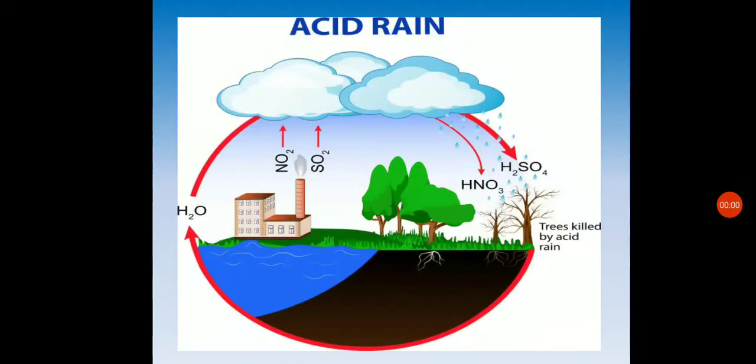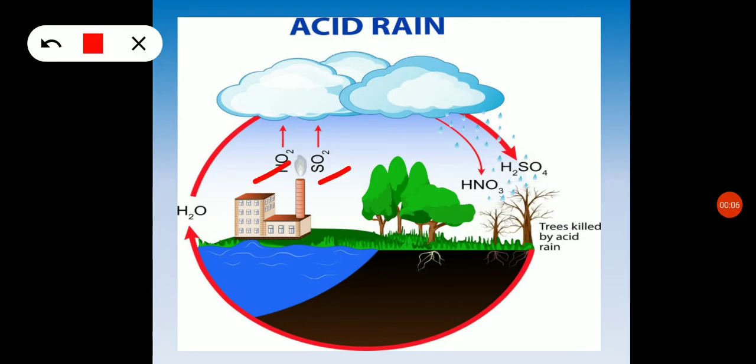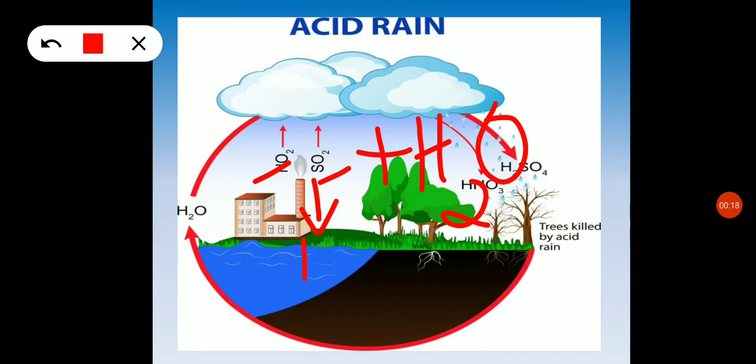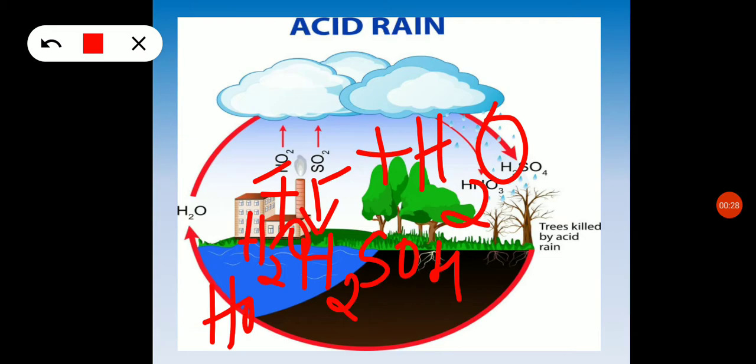The pollutants like nitrogen dioxide gas and sulfur dioxide gas, when they react with water vapor, form acids. That is, sulfur dioxide gas reacts with water to form sulfuric acid, and nitrogen dioxide gas reacts with water to form nitric acid.